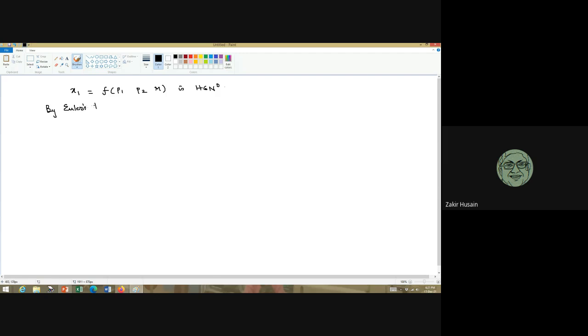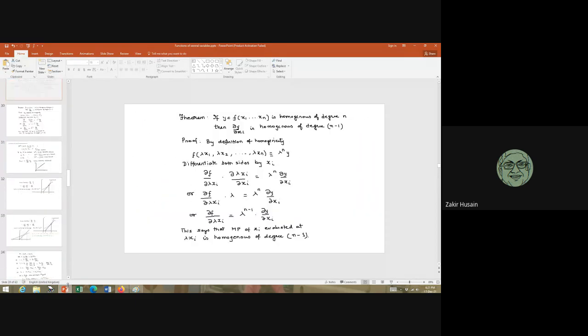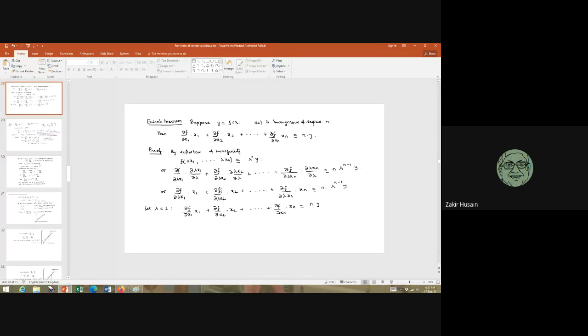Now, what does Euler's theorem say? If you have a function like this, del f by del x1 into x1. So what is x1 over here in the case of the demand function? It is p1.